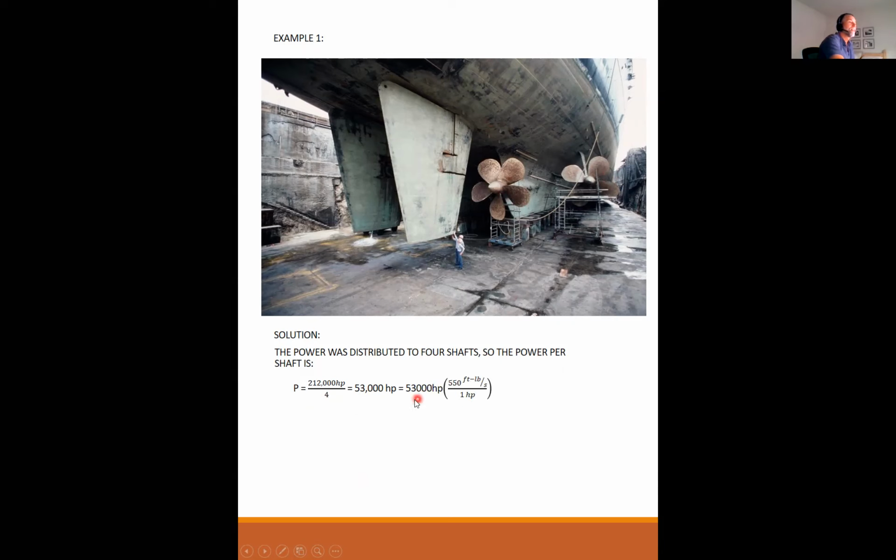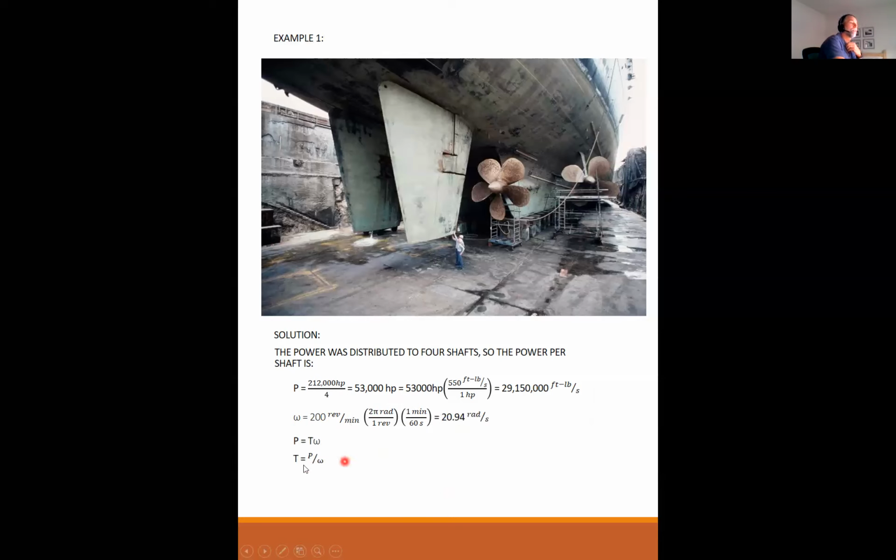And if I convert that, then 53,000 horsepower times 550 foot-pounds per second per horsepower gives you something like 29,150,000 foot-pounds per second. Omega was 200 revolutions per minute times 2 pi radians per revolution times 1 minute over 60 seconds, and that gives you 20.94 radians per second.